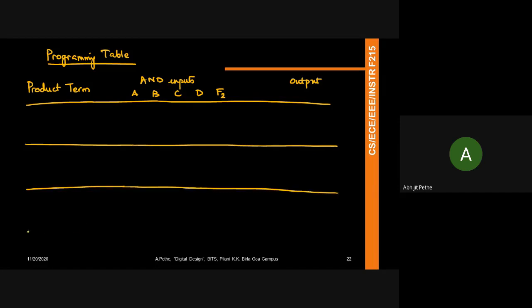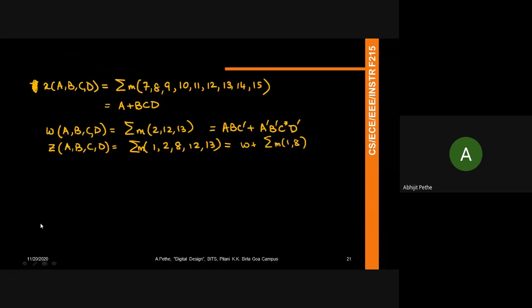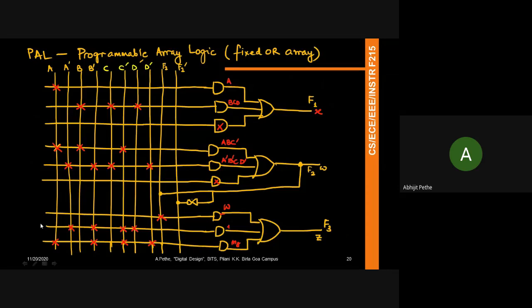So the 3 outputs that I'm getting out of this programming table have 1, 2, 3, 4, 5, 6, 7, 8, 9 product terms. We are not programming the OR array here. The only programming we have to do is for the AND array.